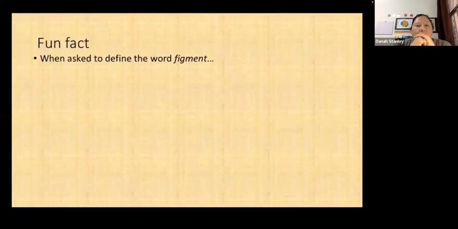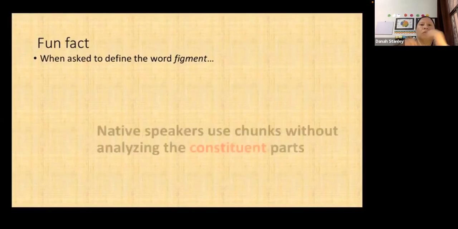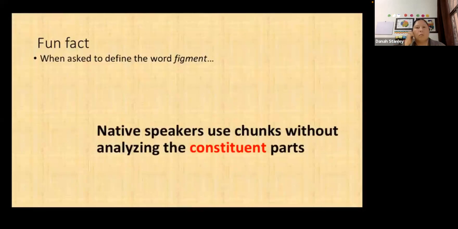Fun fact about this sentence and about this phrase, when asked to define the word figment, native speakers rather used examples like the ones we just saw, rather than defining the word figment in itself. In fact, many of them did not really know what figment is, bringing about the conclusion that native speakers use chunks without analyzing the constituent parts of each sentence.